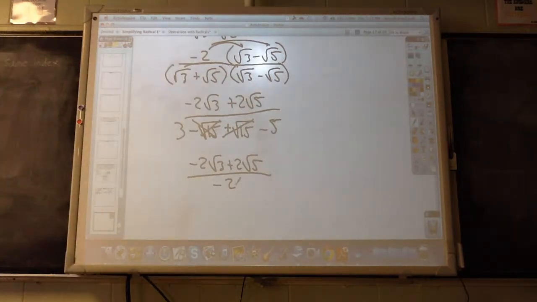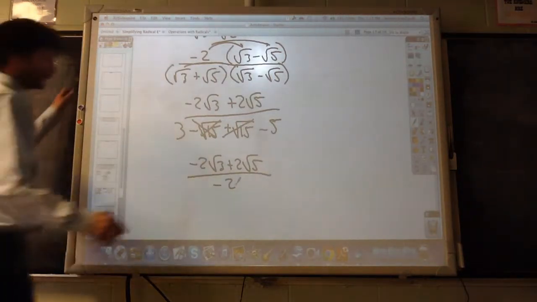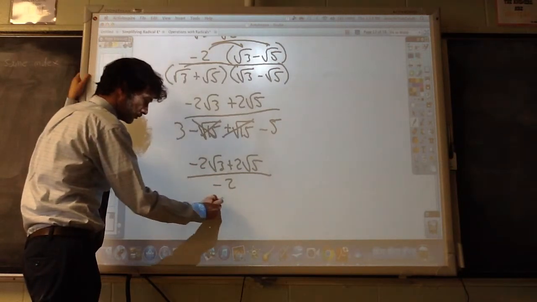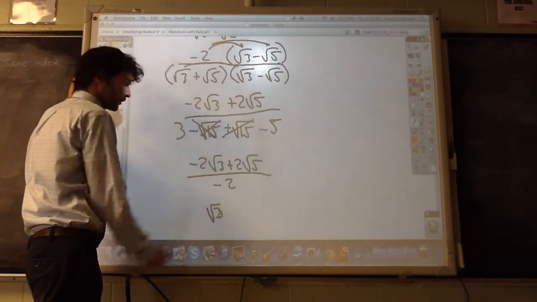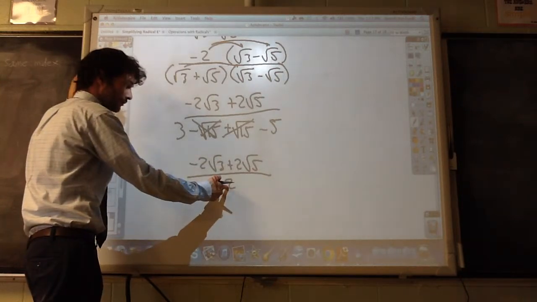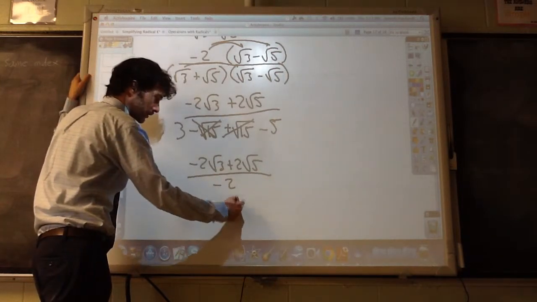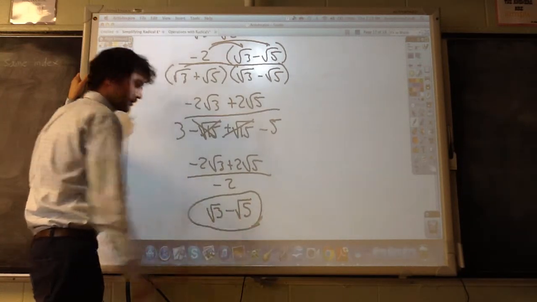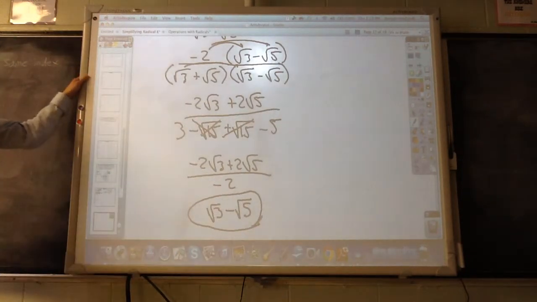But I can simplify this. So negative 2 divided by negative 2 is 1. So that just ends up being the square root of 3. And positive 2 divided by negative 2 is negative 1. So that just ends up being negative square root of 5. And that's it. These things are the same.